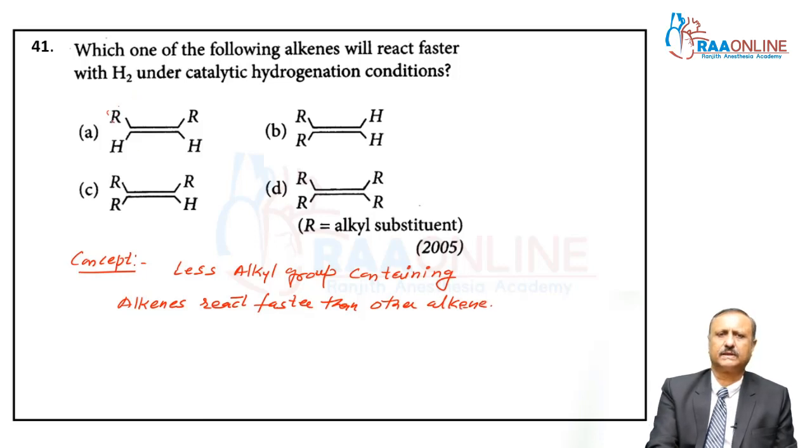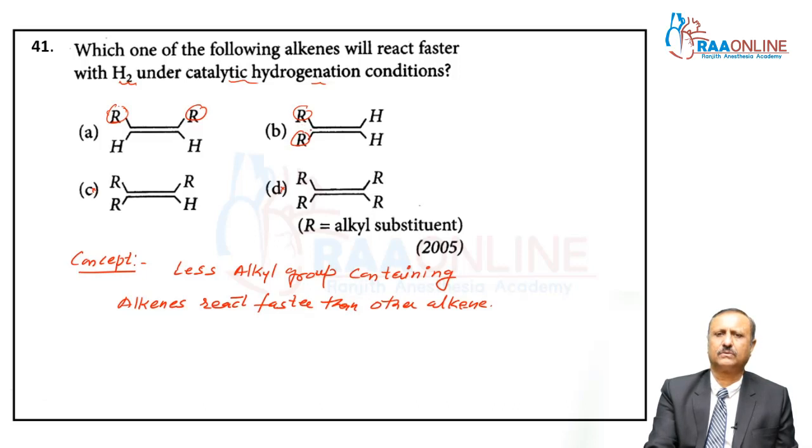Here you can see 2 alkenes, here you can see 3 alkenes. So this is not the answer, because this is the addition of hydrogen with catalytic hydrogenation, which means alkenes convert to alkanes. Here 2 alkyl groups are present in one direction.